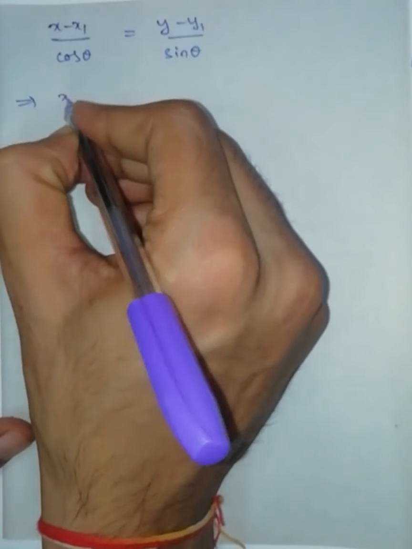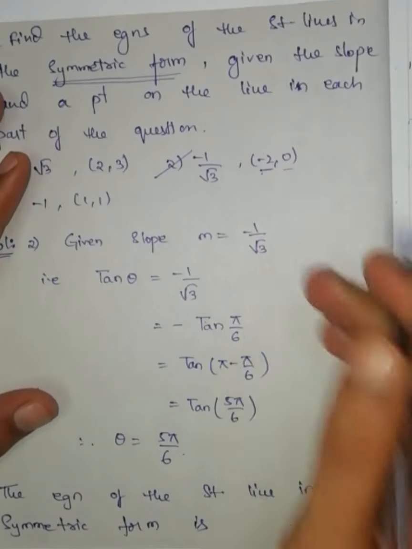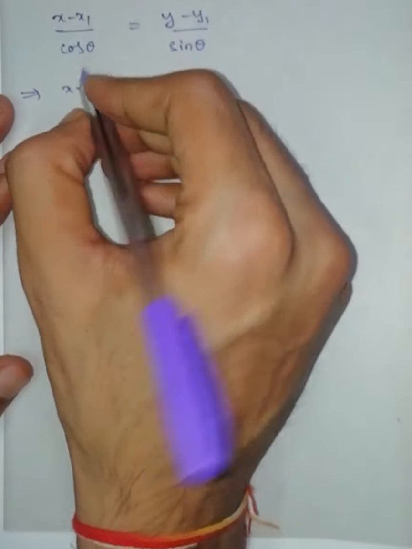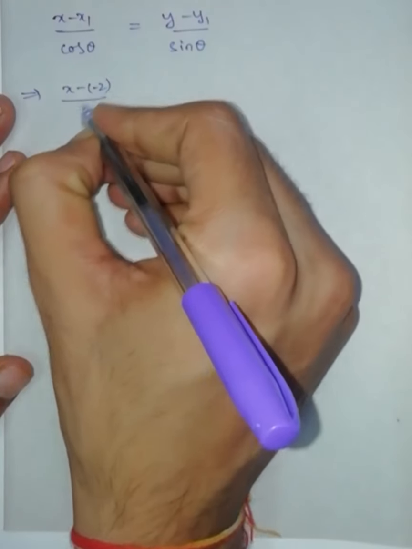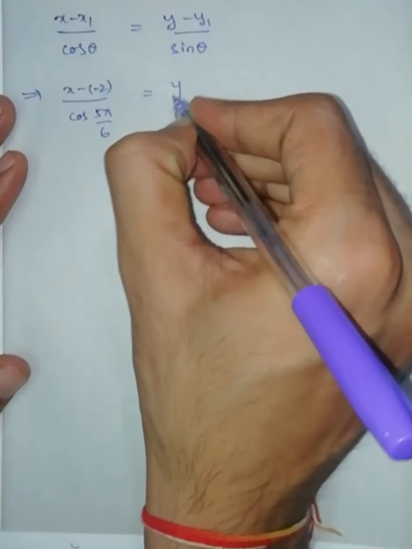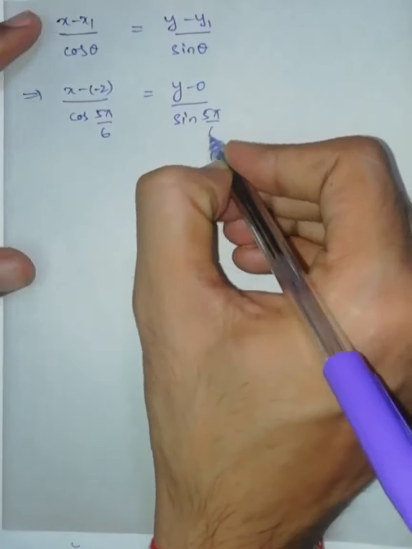This implies (x minus x1), the x1 value is minus 2, y1 value is 0. So here (x minus of minus 2)/cos pi by 6 equals (y minus 0)/sin pi by 6.